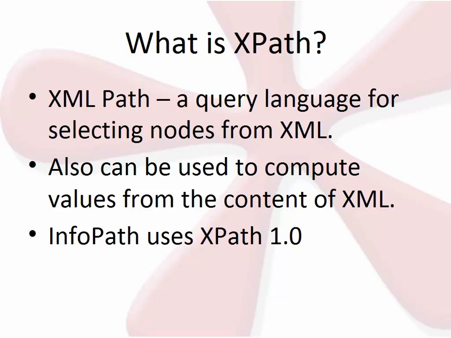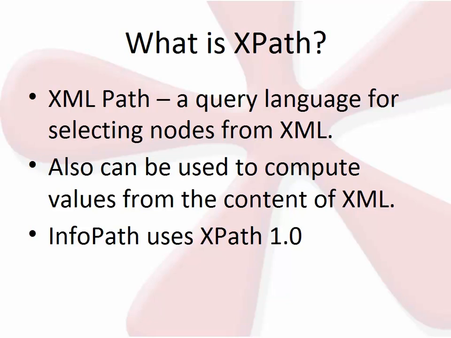InfoPath uses XPath 1.0, and if you develop and publish browser forms at all, you'll understand that the functions available in the browser are a subset of what's available in InfoPath Filler. Again, things like position, last. I found in InfoPath Form Services 2007 that even though when you're developing a form it won't tell you that the number function isn't supported, the number function is not supported.